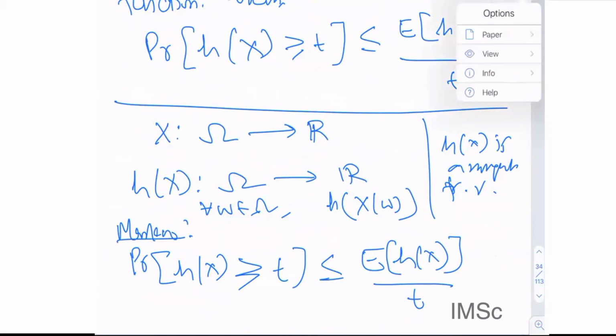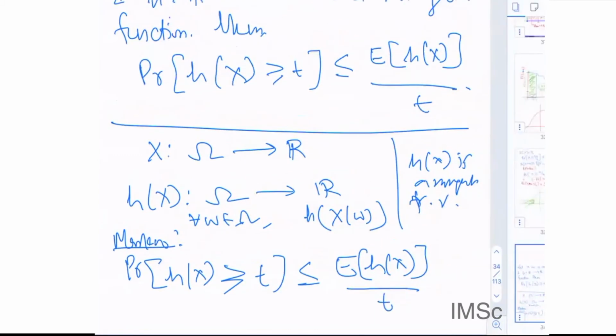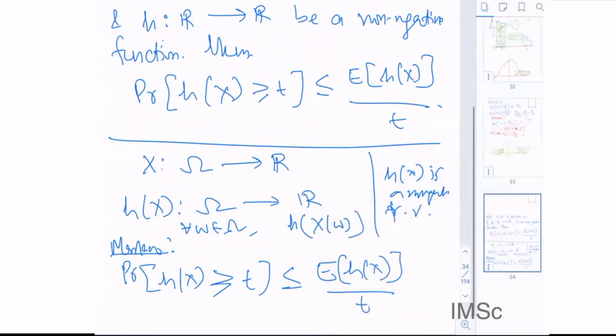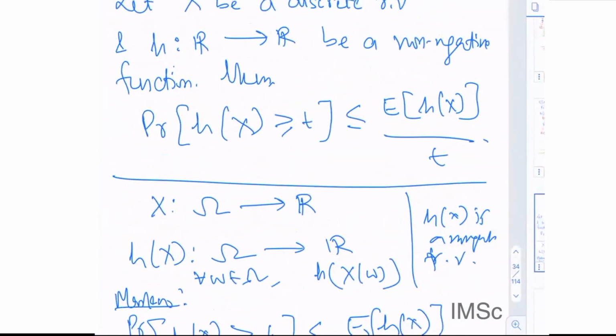Let's add another page here. Suppose I have an X from omega to R, and I have an h.